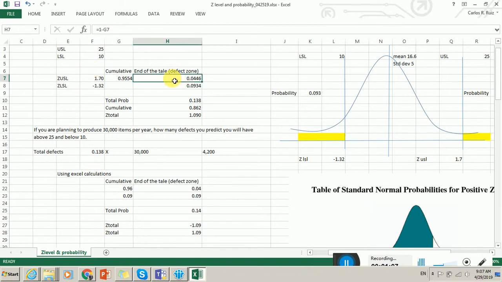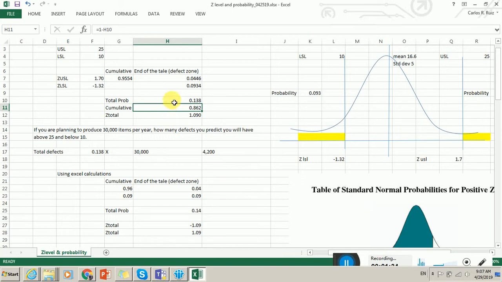If this is the probability of the defect at the upper spec limit, and this one is the lower spec limit, I add them to know the probability of defects overall. If I add those two, I have a 0.138 probability of defect at both the upper spec limit and the lower spec limit.